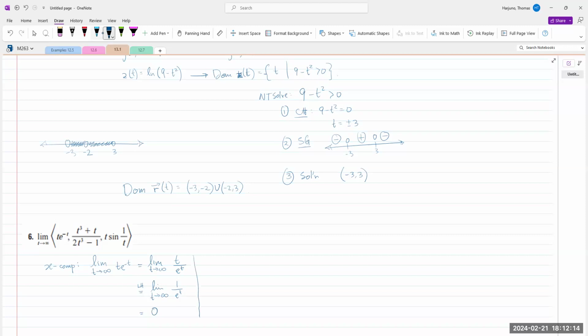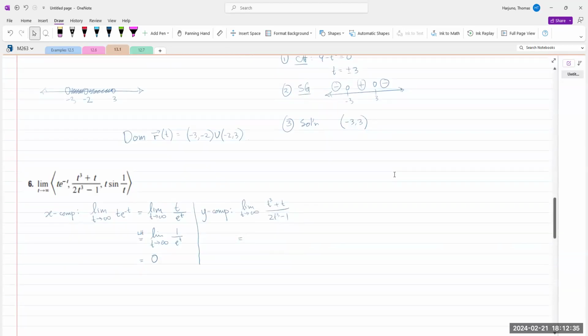For the y component, limit as t goes to infinity of (t cubed plus t) over (2t cubed minus 1). Because t goes to infinity, I will divide by the highest exponent.